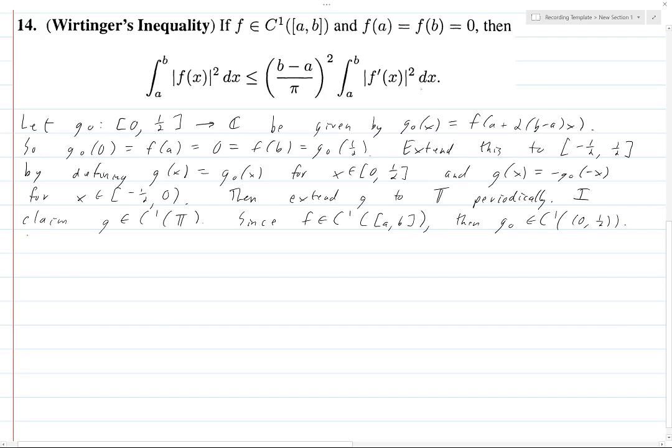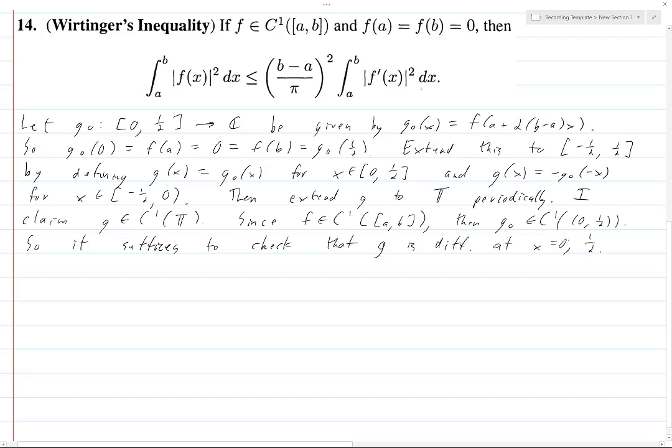So it suffices to check that g is differentiable at x equals 0, and I wrote 1, that should be 1/2.